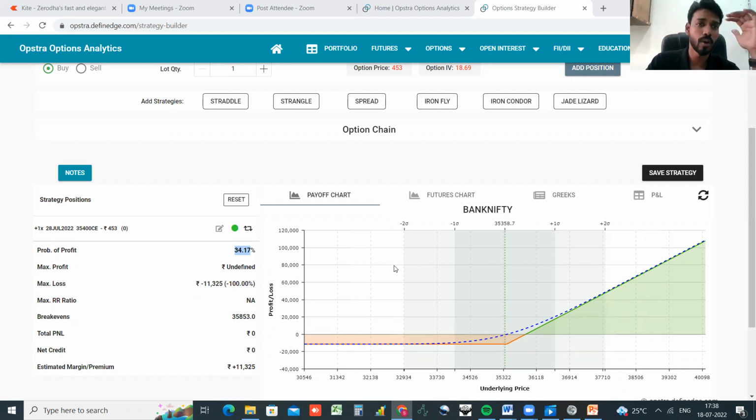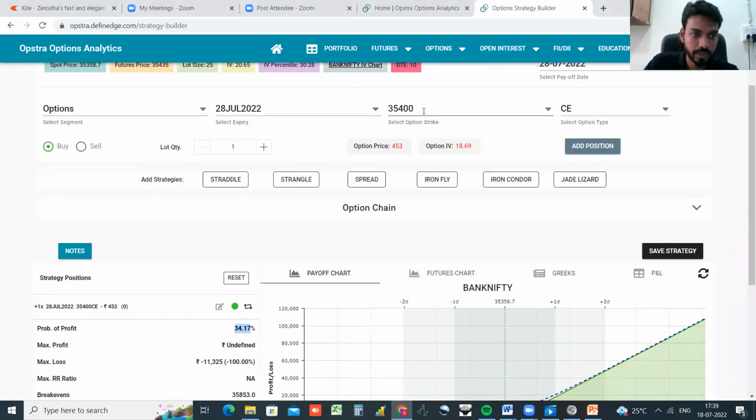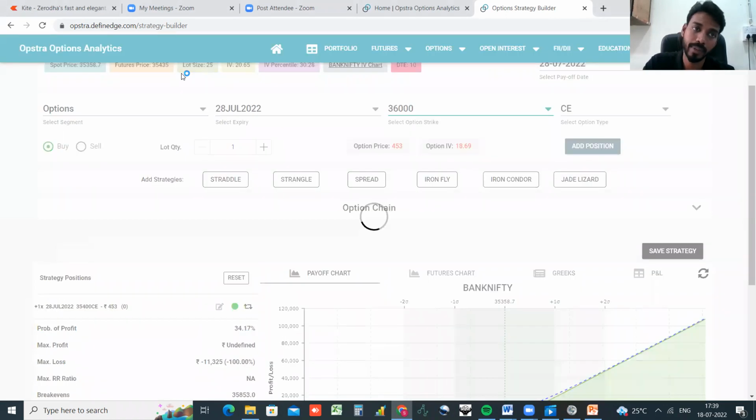So the only way you can control is selling a call, selling a far away call, which can help you to reduce your losses. So this is what I'm going to show you again. What you can do is, along with your naked call option, take a 400 or 500 far away call option, which is an OTM call option. 36,000 call, but I'm going to sell.